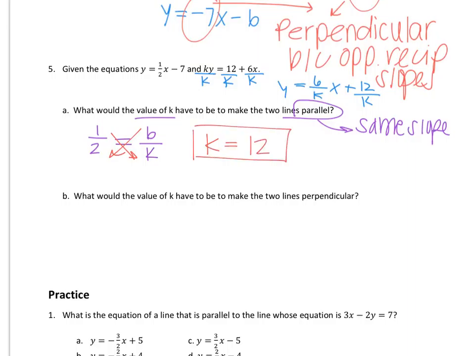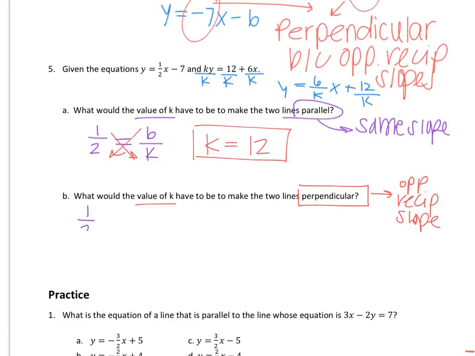That's it. Now the second one, it says that we want the value of k to make the 2 lines perpendicular. Go ahead and write yourself a note about perpendicular lines. So here we know perpendicular lines have opposite reciprocal slopes.